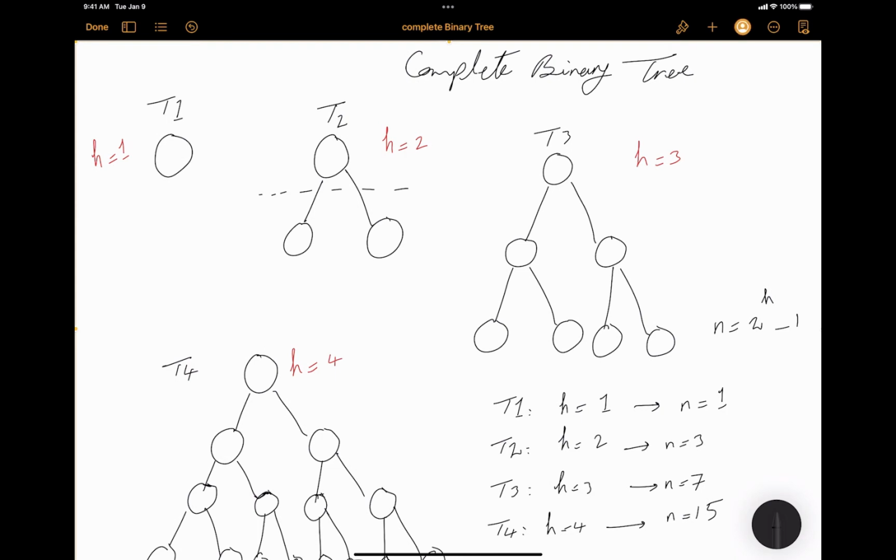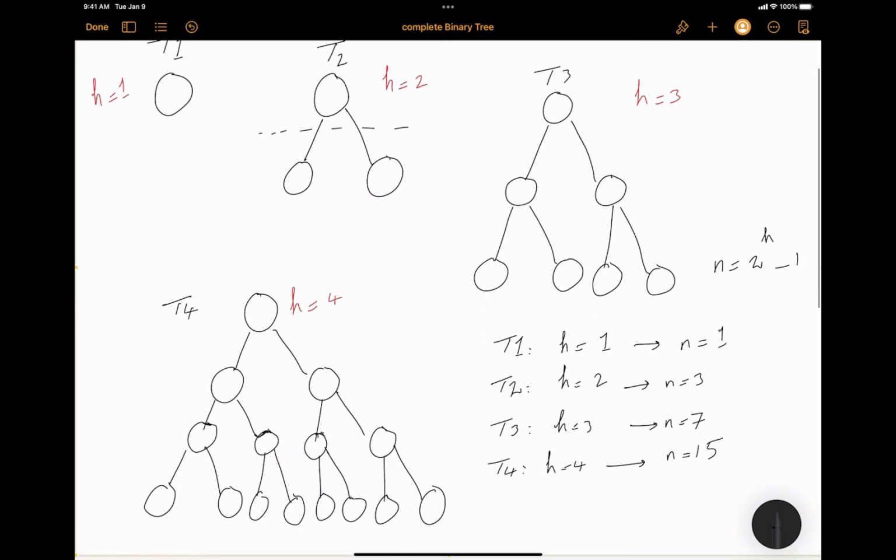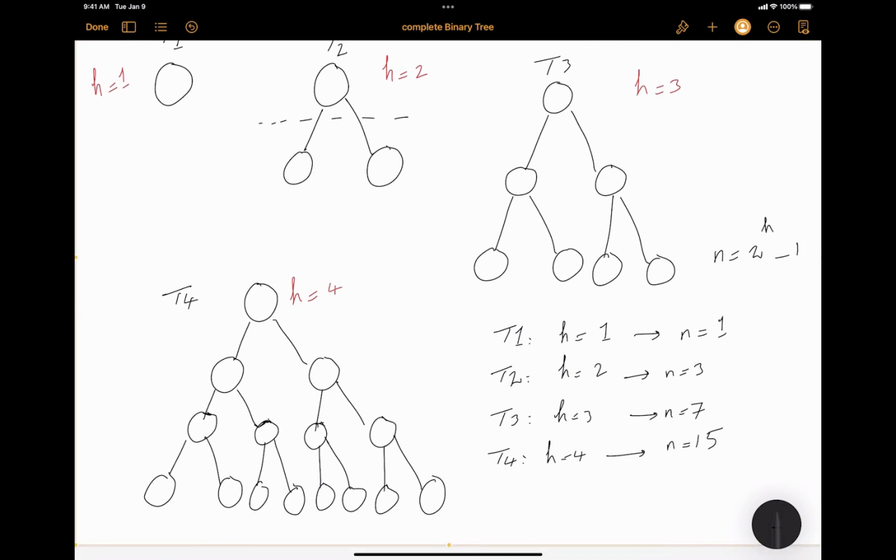As you see in T2, the distance from the root to the left child and to the right child is exactly the same. Same for T3 and T4. So that's another feature of complete binary trees: the distance from the root to any leaf is exactly the same, and it is the height of the tree.